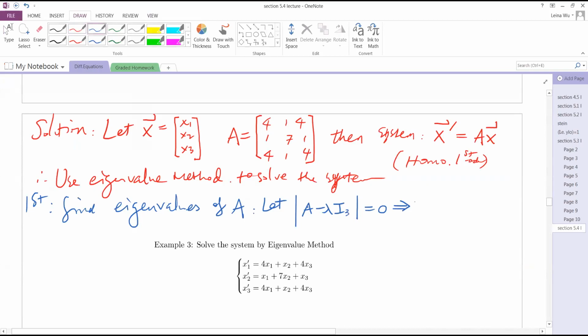All right, so the determinant equals 0. I'm just going to go straight. We know the shortcut already, right? So 4, 1, 4, 1, 7, 1, 4, 1, 4. And we subtract lambda from all the main diagonal entries. So minus lambda for those 3 entries. Is that correct?